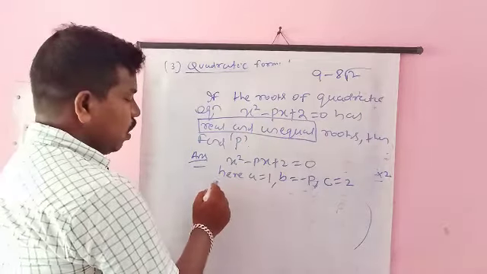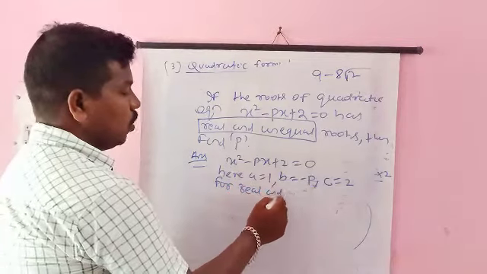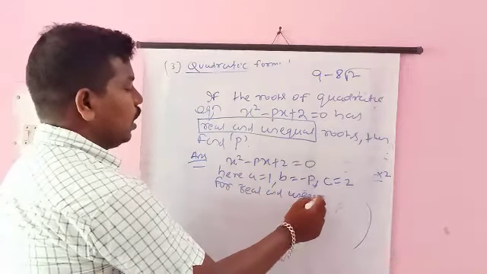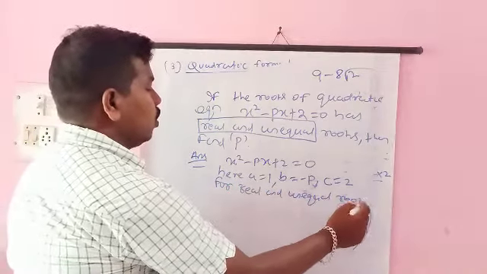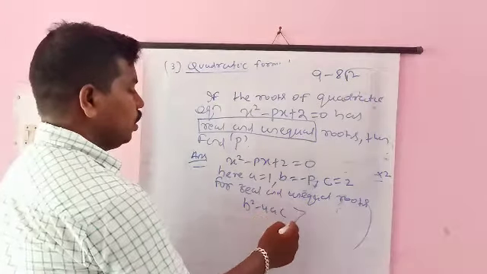For real and unequal roots, the condition is b square minus 4ac greater than 0.